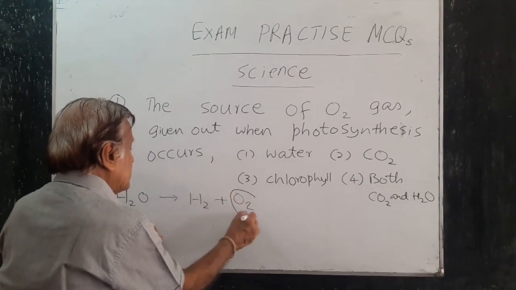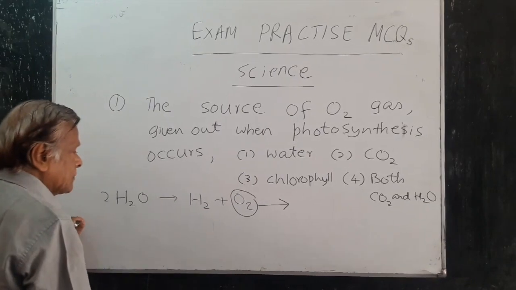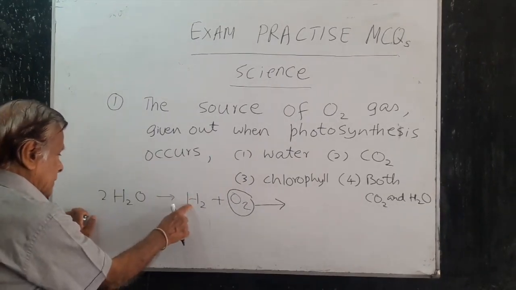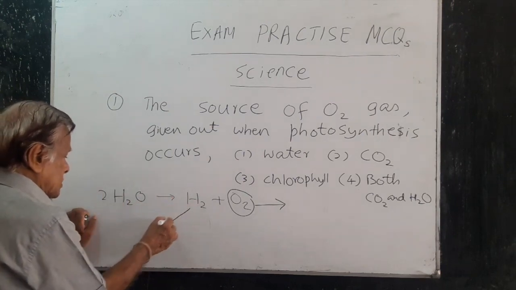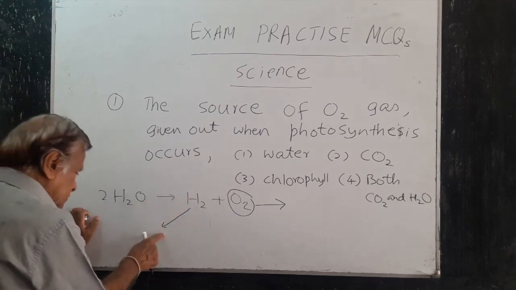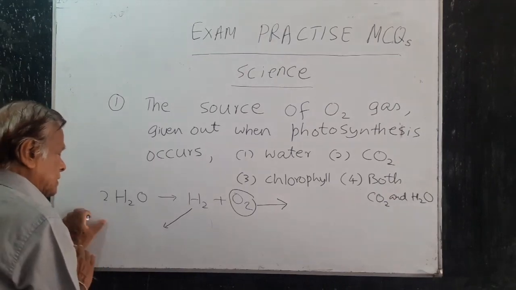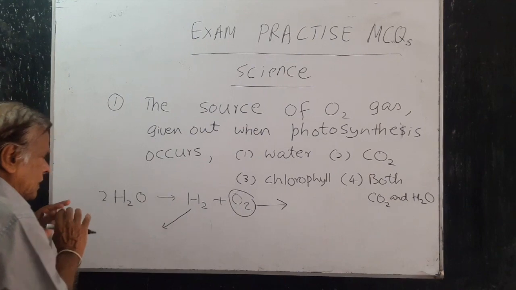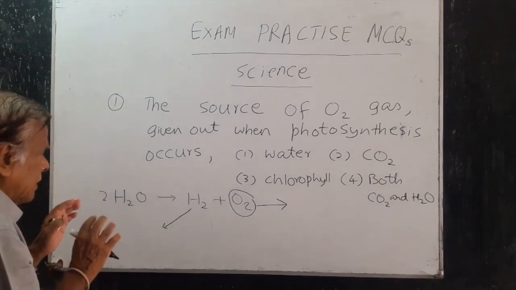Oxygen is actually given out from the plant. Only hydrogen from water is used up. Actually, only hydrogen is used for the process of photosynthesis. All of you know this is very essential.